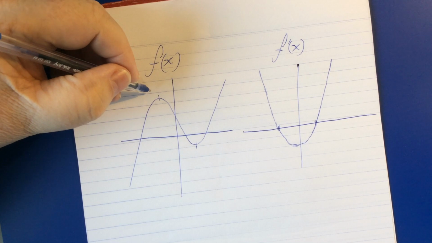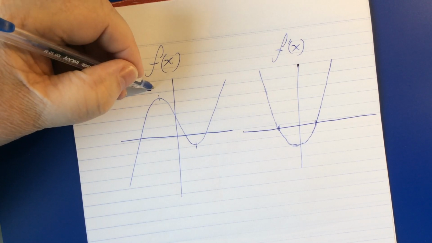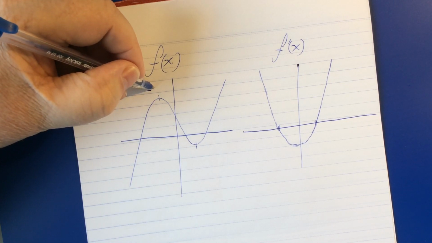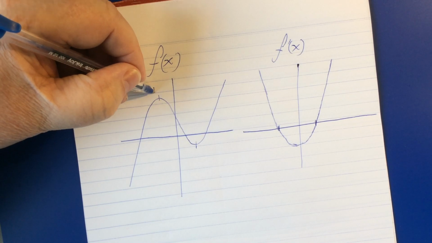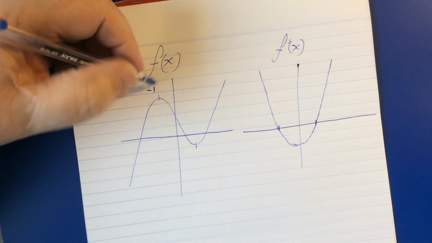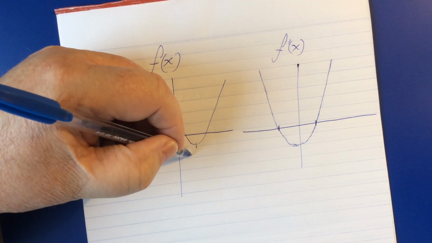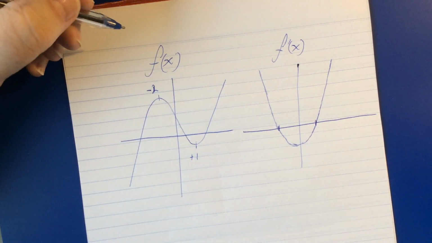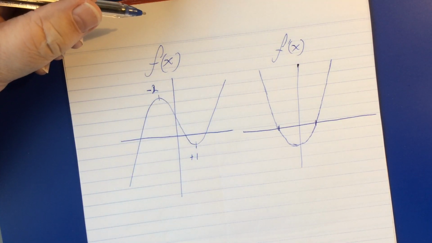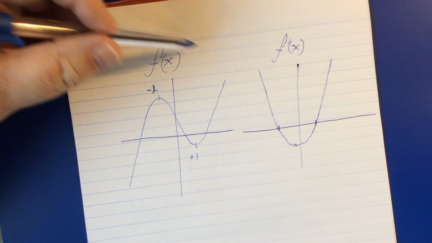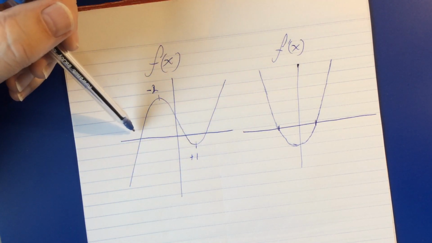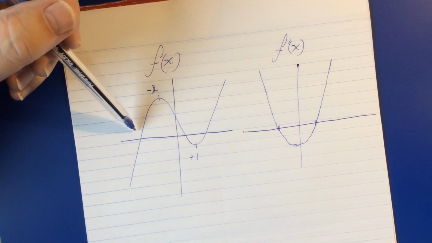Let's just say that this is negative 2, and we'll make this positive 1. Okay, right, so here's the graph of the original function, some sort of cubic.